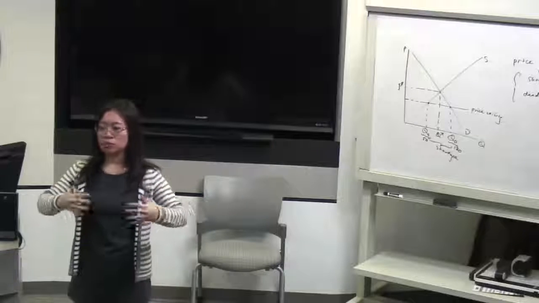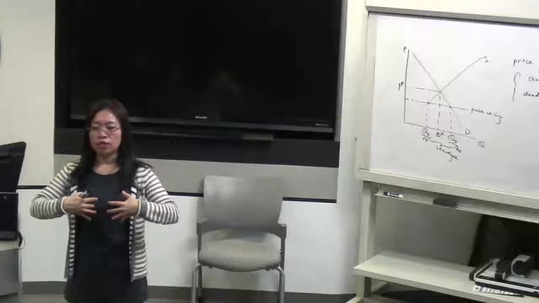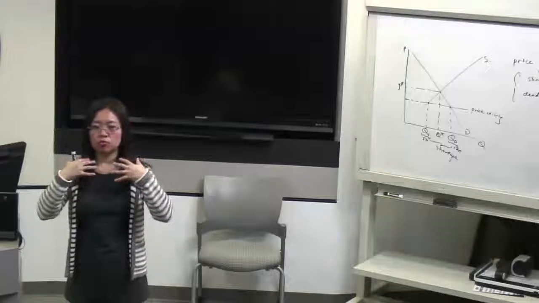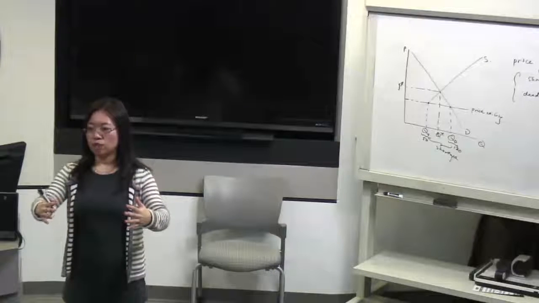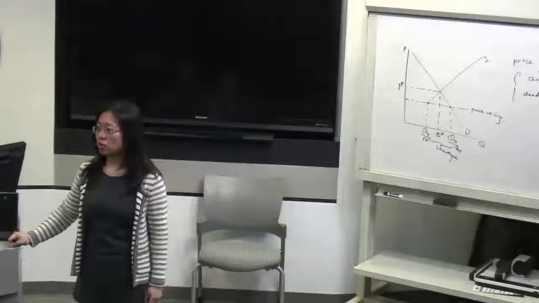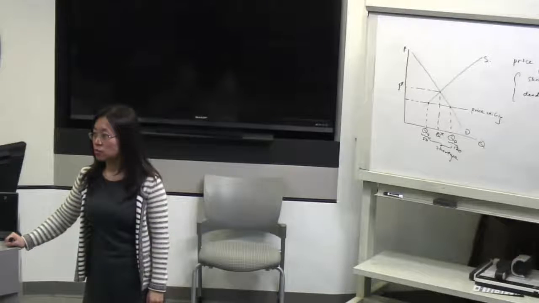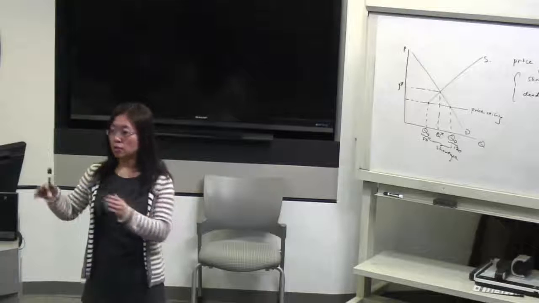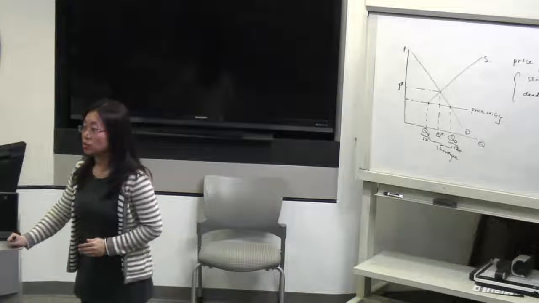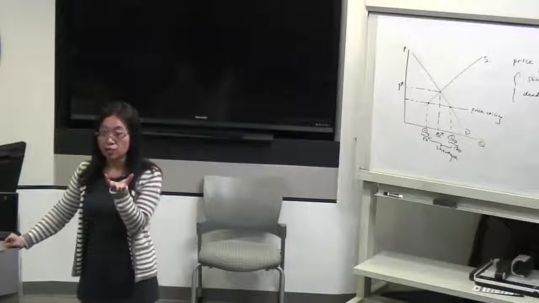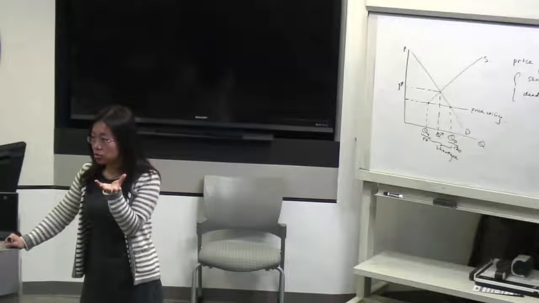Okay, so producers produce 50 units, right? And once those 50 units are put on the market, they are going to be bought by the consumers. Some consumers get it, but some consumers will not be able to get it, right? So what is the actual quantity traded? It's just 50.